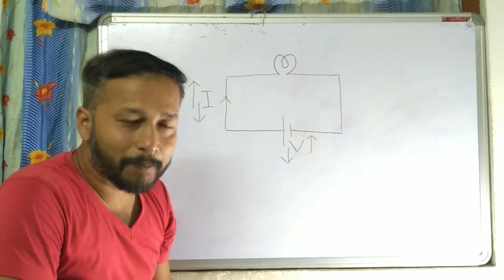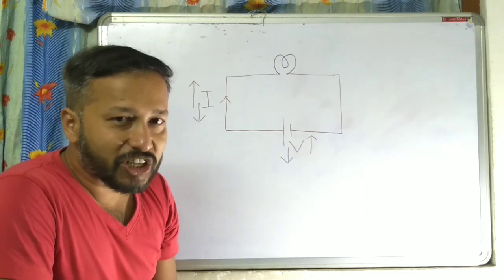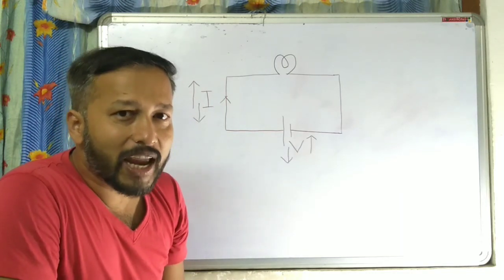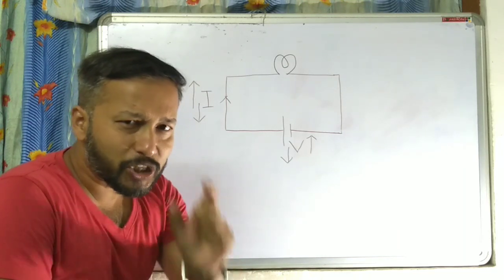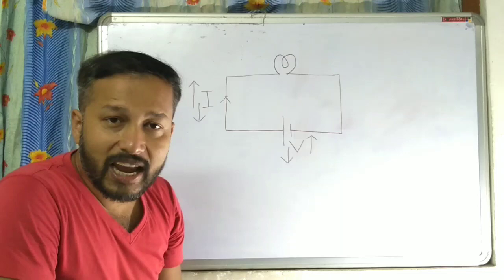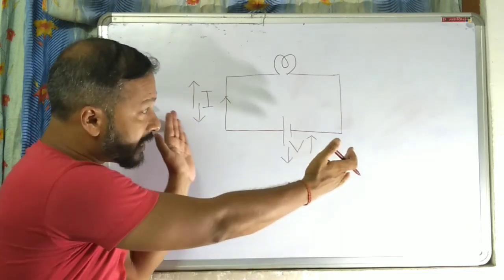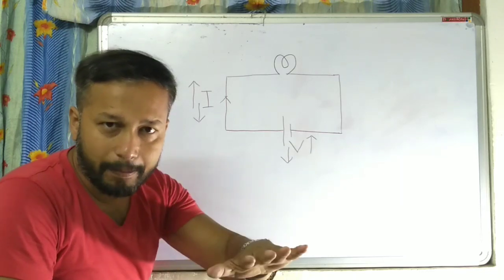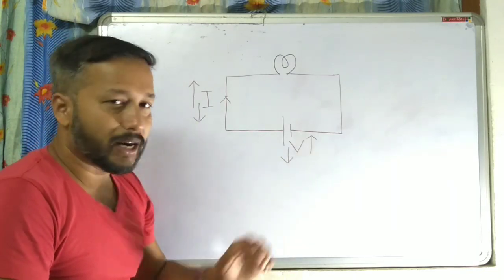Okay, I repeat. The potential difference of a circuit is directly proportional to the amount of current passing through that circuit. But before this, you have to add one phrase: at constant temperature. Yes, only when the temperature remains the same is this law applicable.